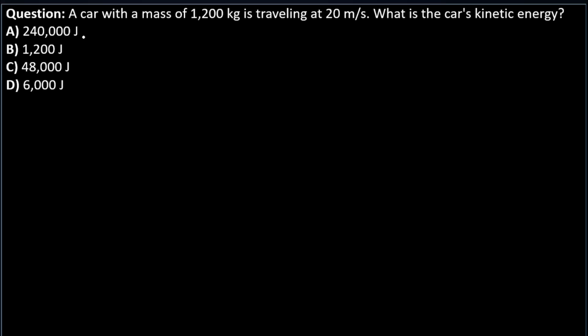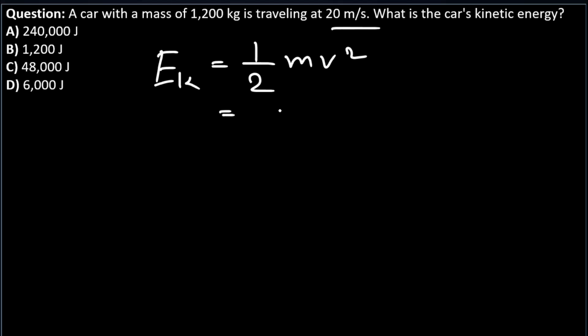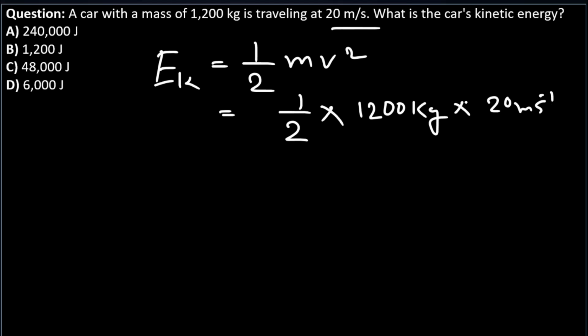Now let's see another problem. A car with a mass of 1200 kg is traveling at 20 meter per second. What is the car's kinetic energy? So EK, kinetic energy, equals half of mv square. So half times 1200 kg times 20 meter per second, whole square.